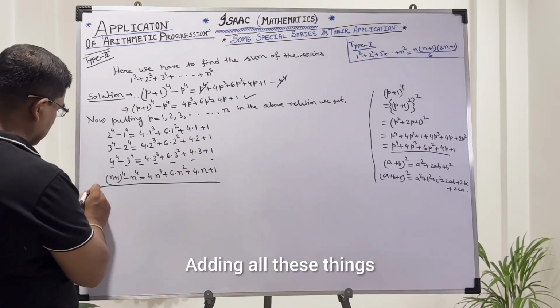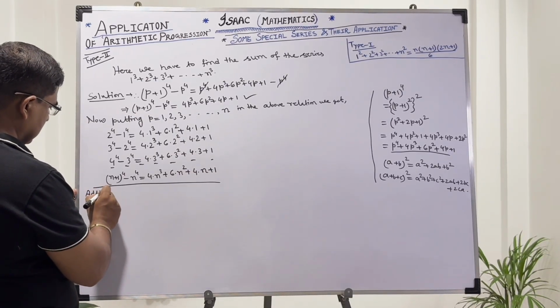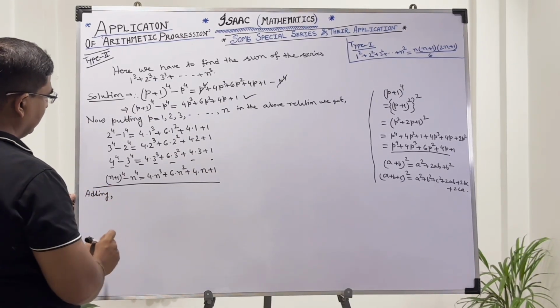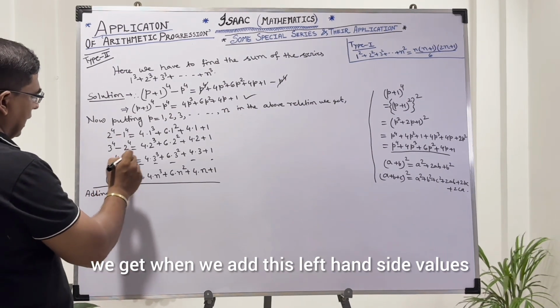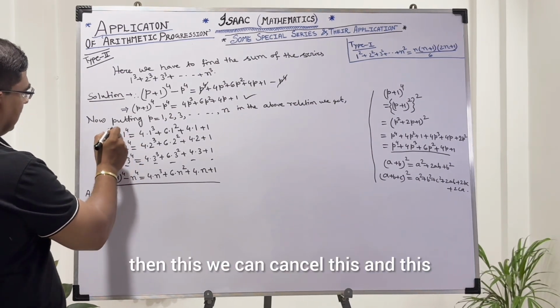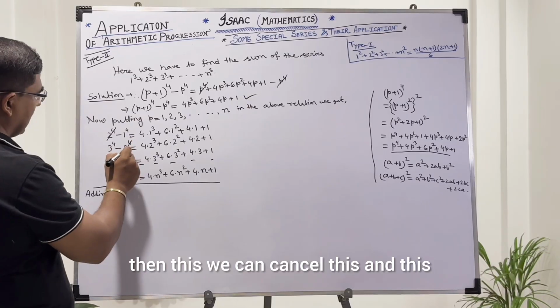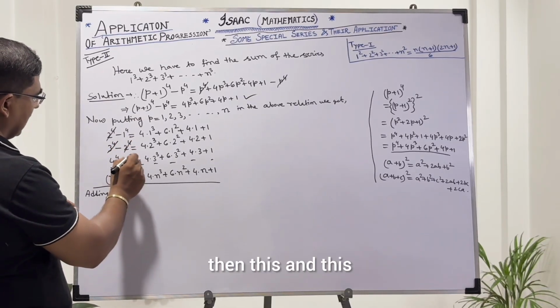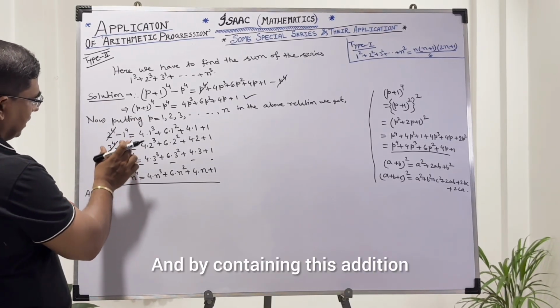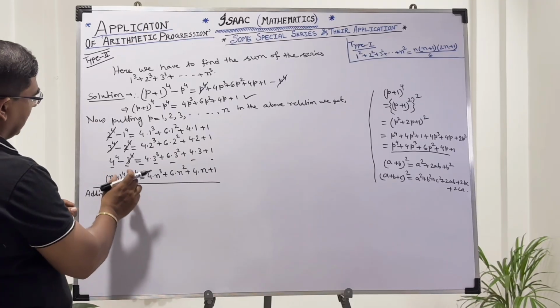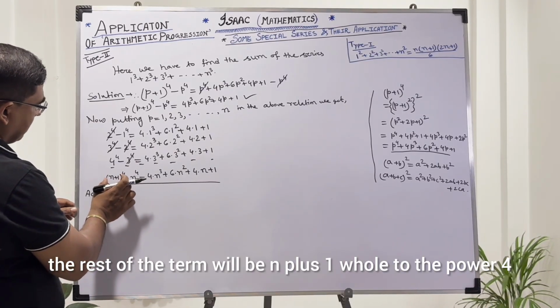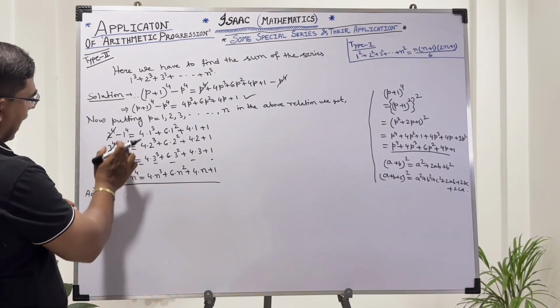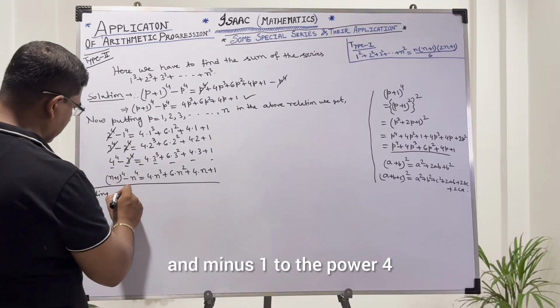Adding all these, when we add the left hand side values, we can cancel these and these, then these and these, and by continuing this addition, the rest of the term will be (n+1)^4 − 1^4.